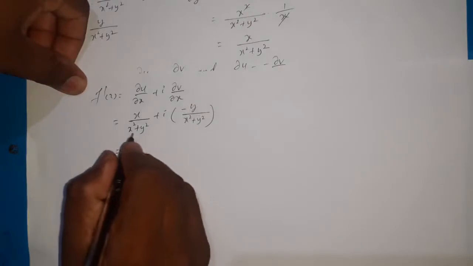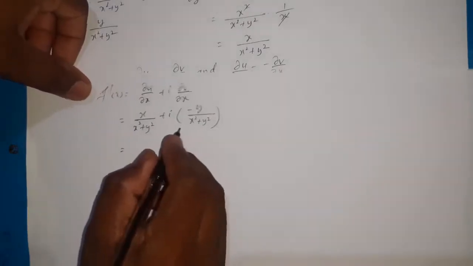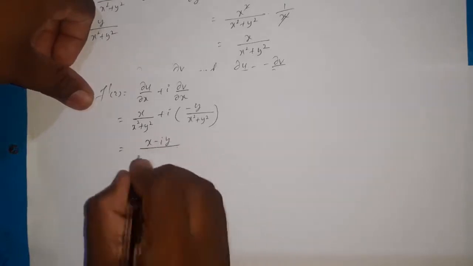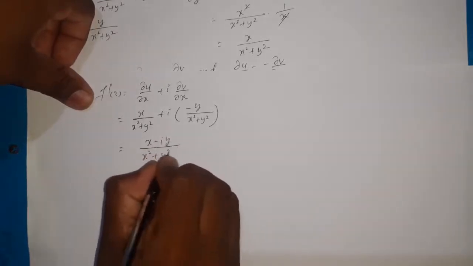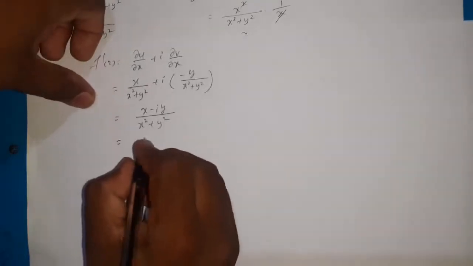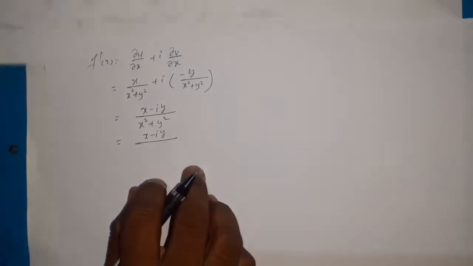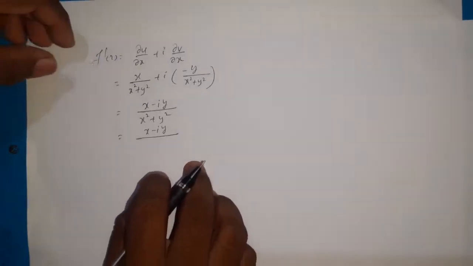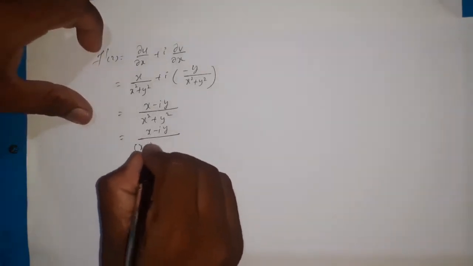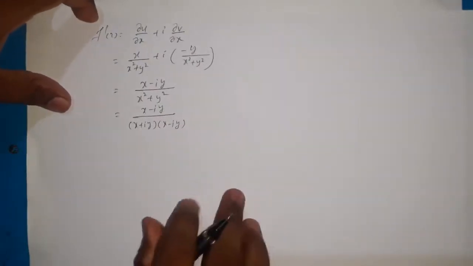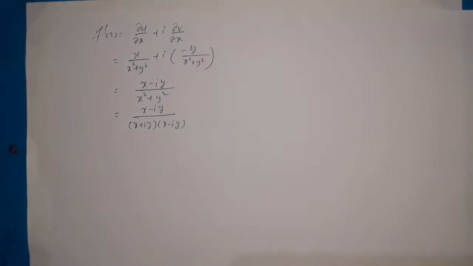Then by taking the LCM, x² + y² is the LCM, we can write this as (x − iy) divided by (x² + y²). Here x² + y² can be written as (x + iy)(x − iy), because (a + ib)(a − ib) is equal to a² + b².